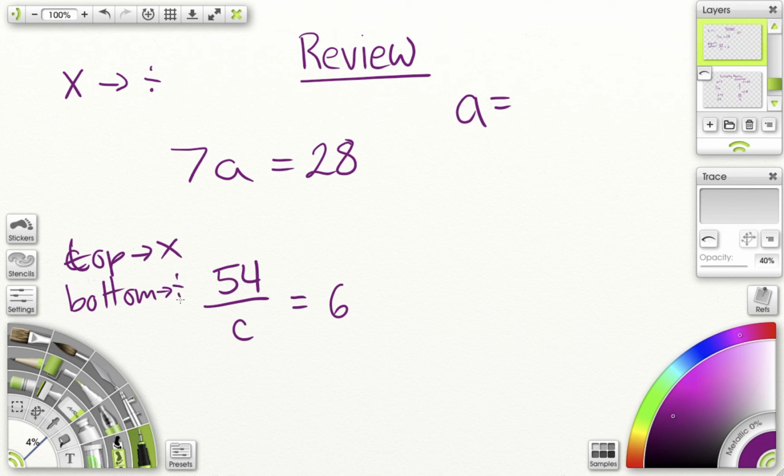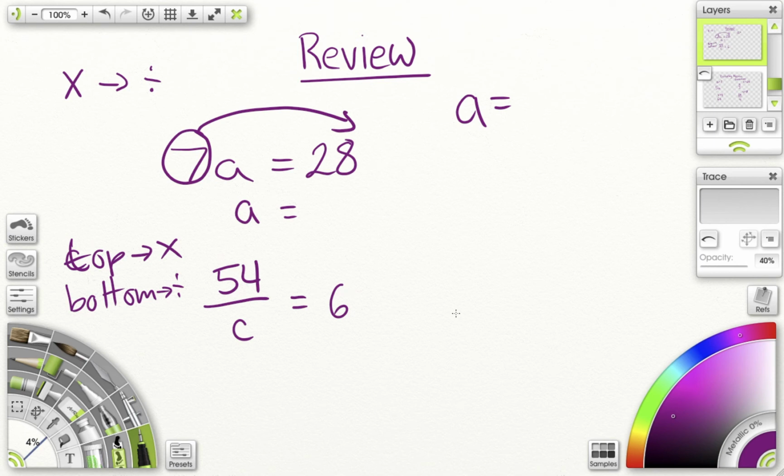So let's do our first problem, which is 7 times something equals 28. We need to figure out what A is equal to. To do so, we do the opposite operation. I leave my A on this side of the equal sign, and I take my 7 and shove it over here. When I do my multiplication and shove it over, it becomes division.